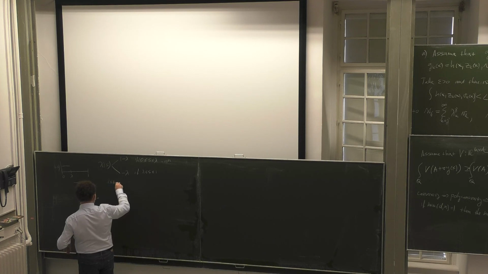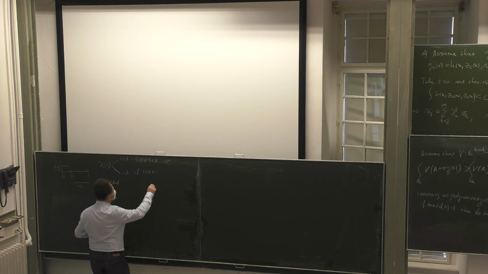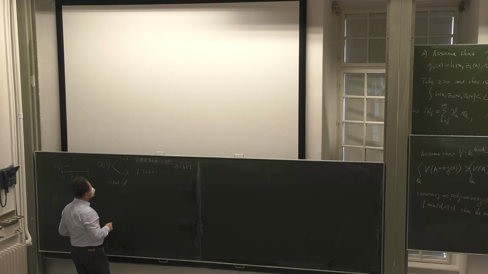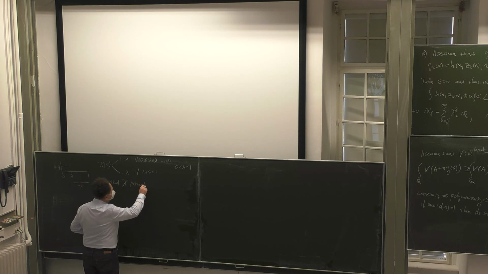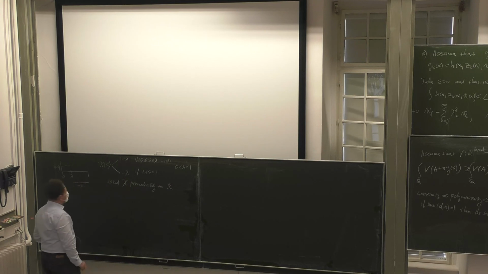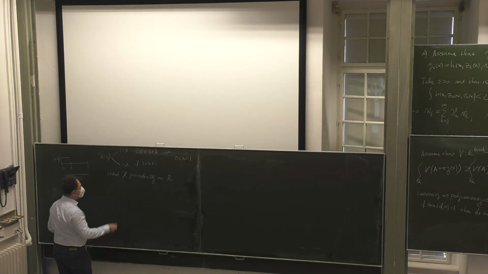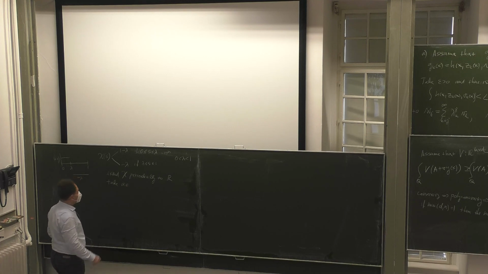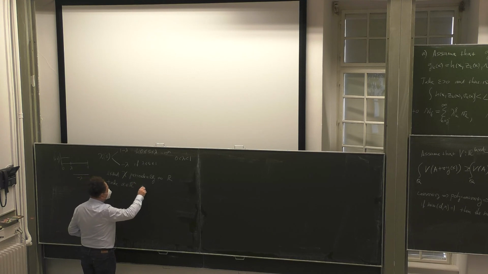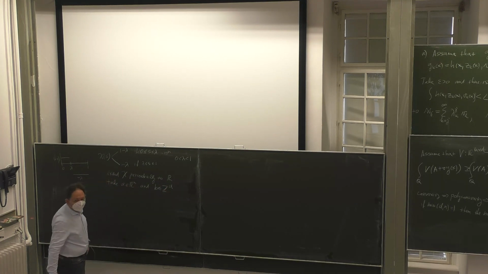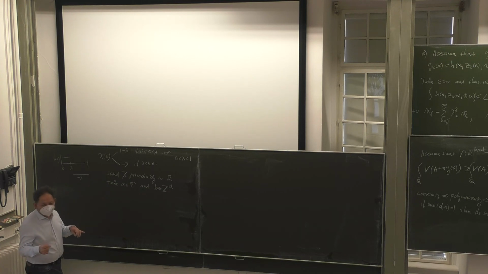So lambda is something between zero and 1, and we extend chi periodically to R. And now I take a special A in R^n and b in the integers to the power d, so it's a vector which has integer components.